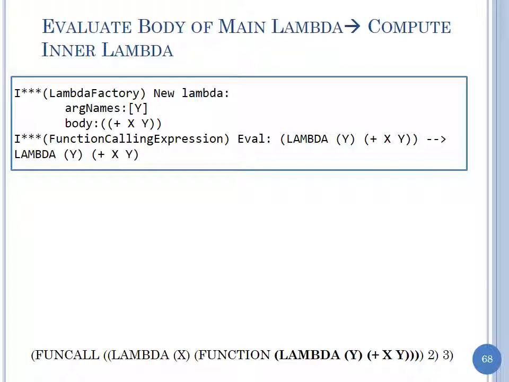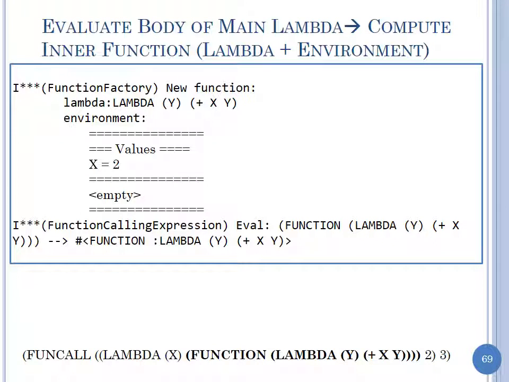That inner lambda is then associated with the current environment in this new function. So the function factory does exactly what we saw earlier. It takes the inner lambda, associates it with the current environment, and we save it. This is the one point where we diverge from what we did when we had no function call. This is the step that's creating the closure.